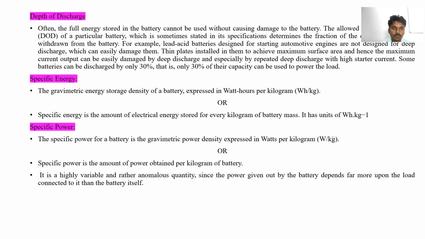Like the same, specific power is the amount of power obtained per kg of mass of battery. On one kg of battery, how much power we can obtain, that power can be called specific power. Clear? So for 1 kg mass of the battery, how much energy is stored, that energy can be called specific energy.